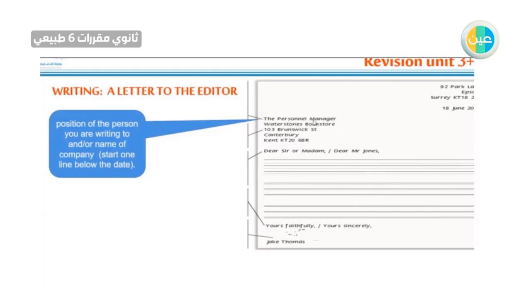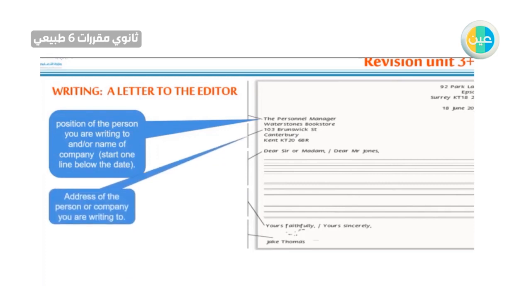The personal manager, he's the manager, but also you can write the name of the company. Waterstone Box Store. This is the company. Okay, and after that, yes, the address of the receiver, address of the person or company you are writing to.